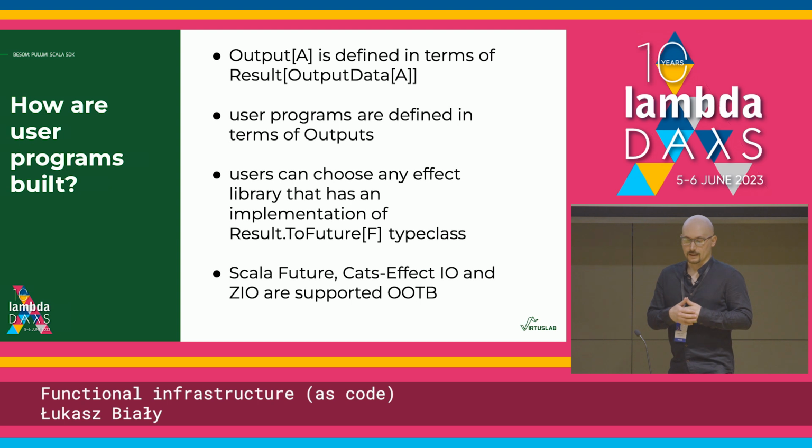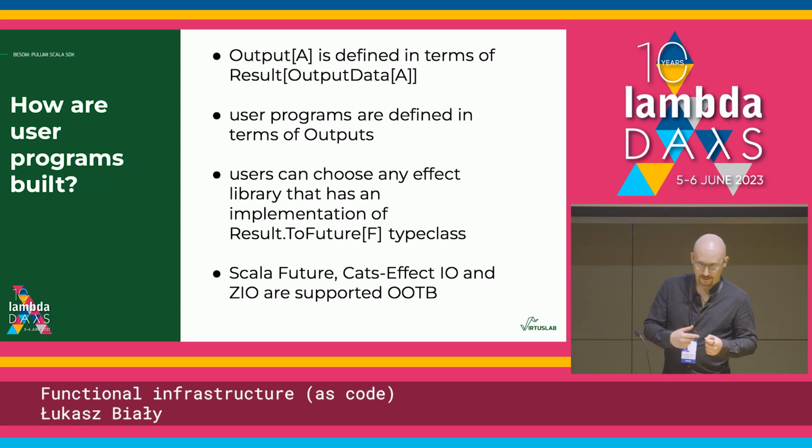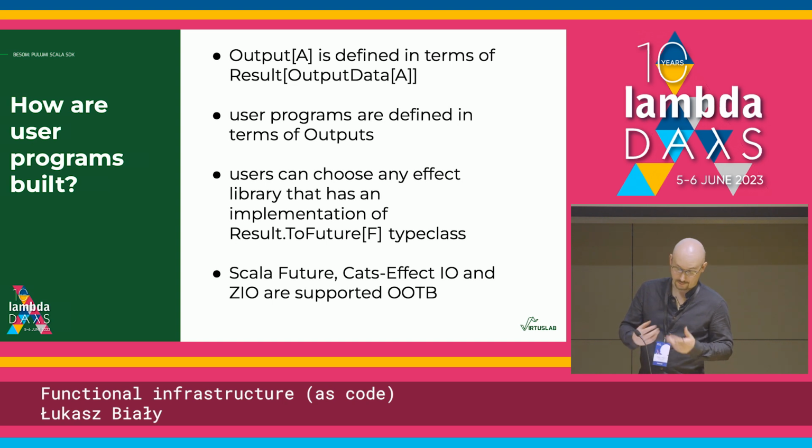Outputs are defined internally, just like they are defined in other Pulumi SDKs, as wrappers around Result, or CompletableFuture, or Task, or a promise of output data. Output data is an internal Pulumi data type that actually implements the semantics that are necessary for Pulumi programs to run.